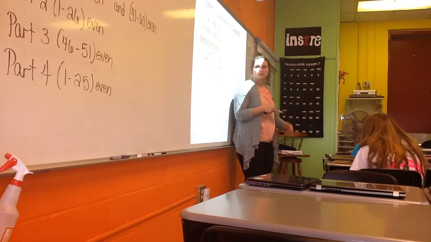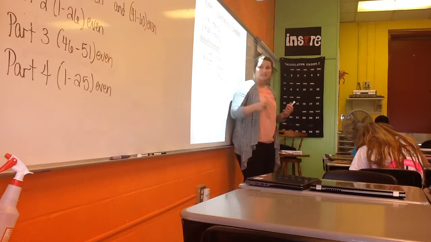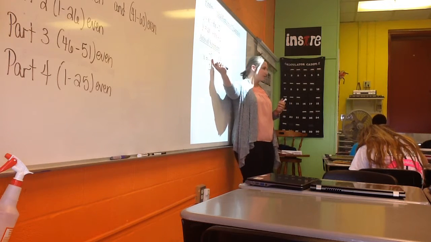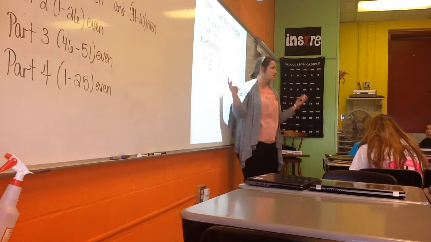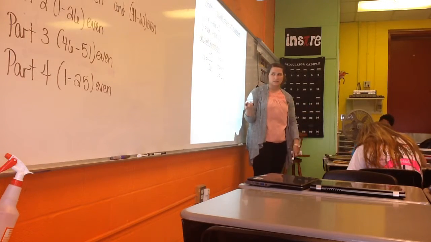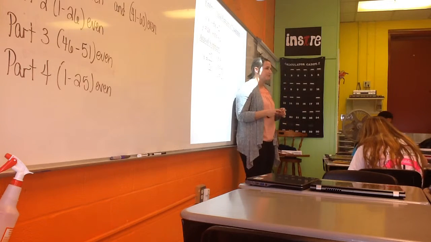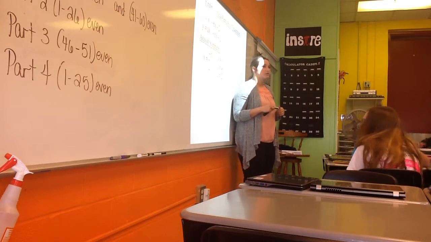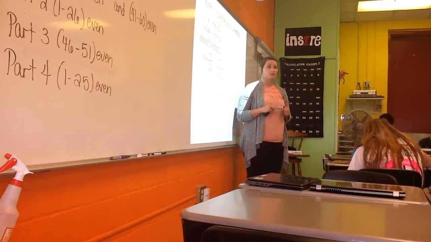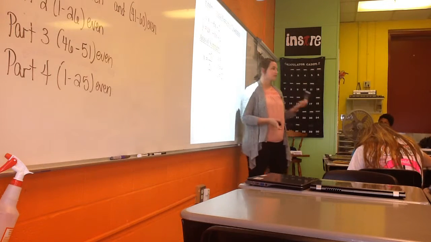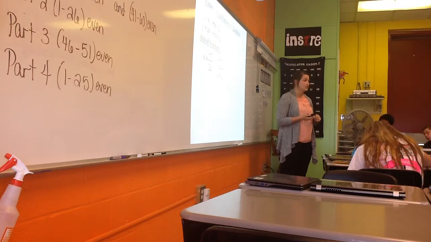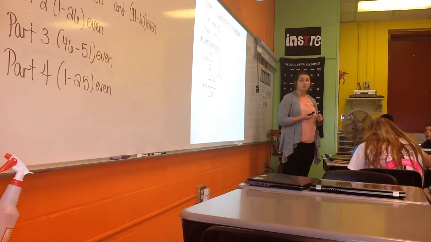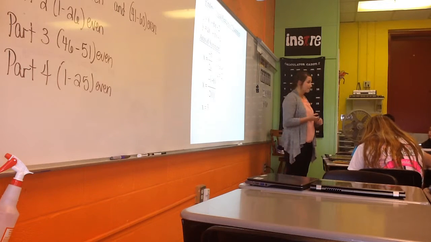It would be a positive 6 because this is a negative times b, and negative times negative 6 is positive 6. And then on the bottom I would have 2 times 1, so I would have 6 divided by 2. So x would equal 3.